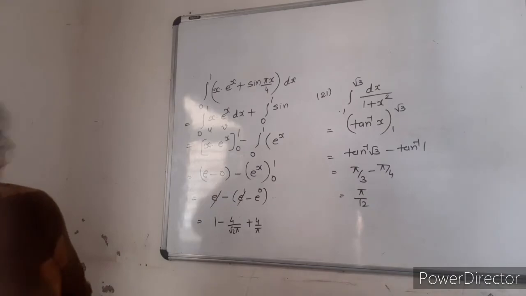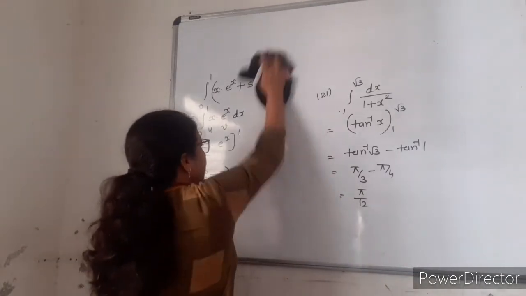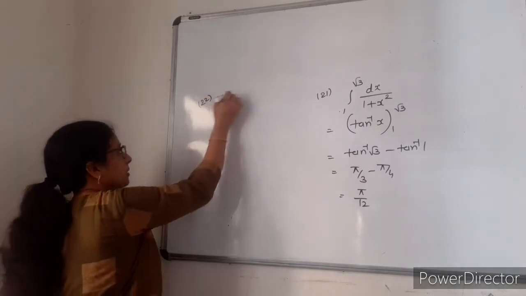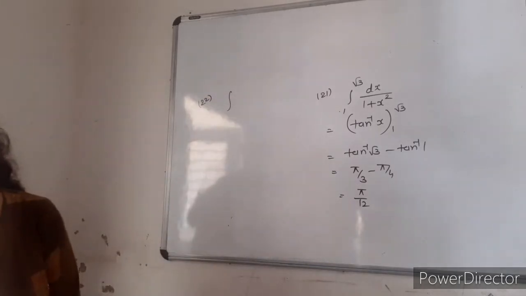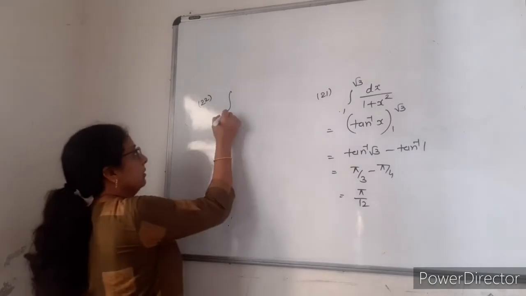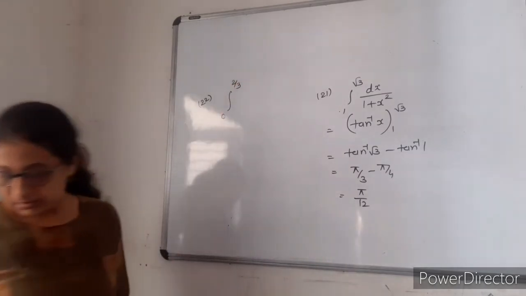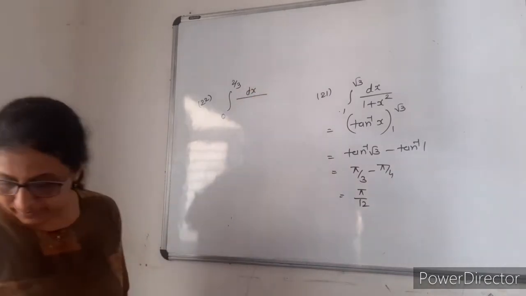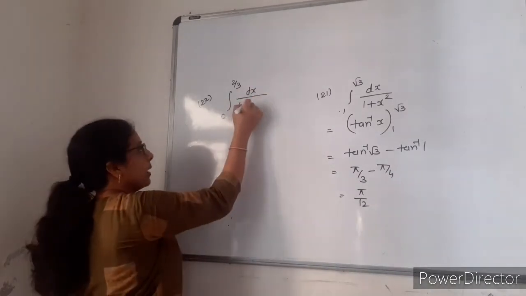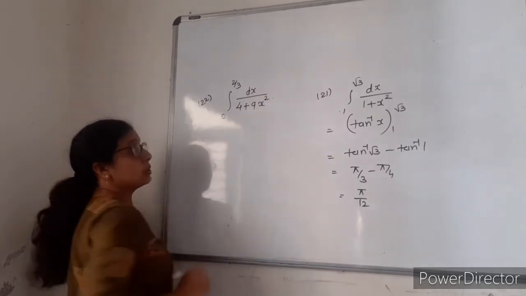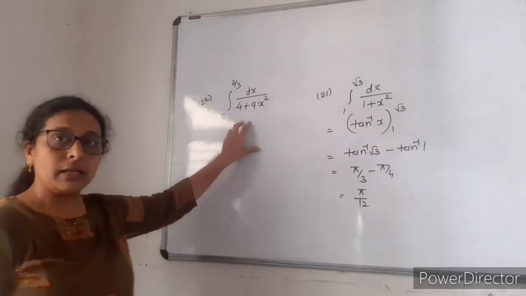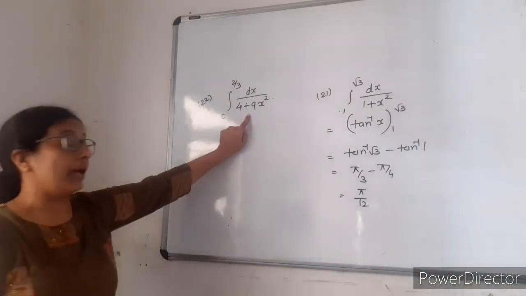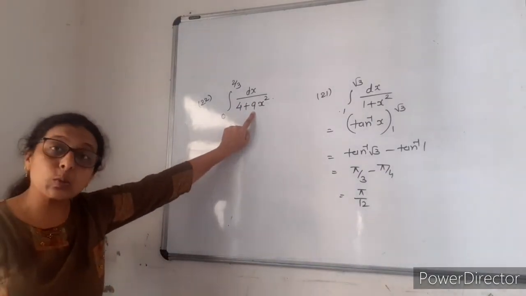And question number 22 is the next: integration 0 to 2 by 3, dx upon 4 plus 9x square. So this is also the formula, but here it is 9x square.